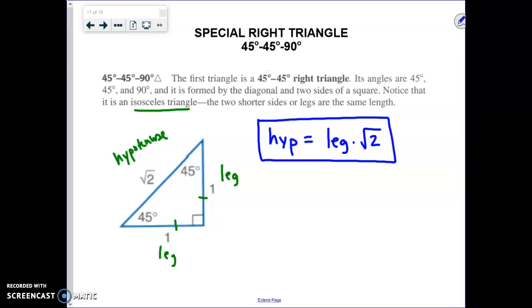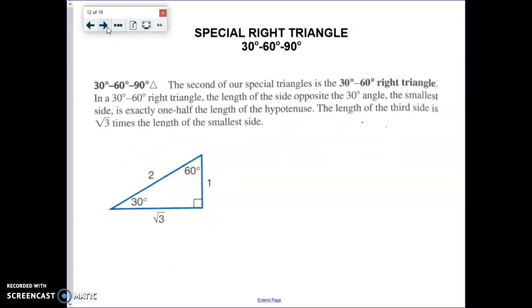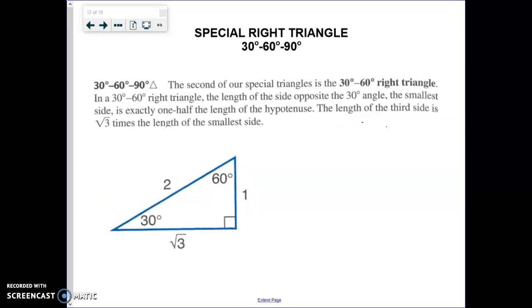That's our fallback. Now, let's take a look at the relationships in a 30, 60, 90 triangle. As you can see, the hypotenuse is always located opposite the right angle. It's the longest side of the triangle. Now, the two legs here are not the same length.